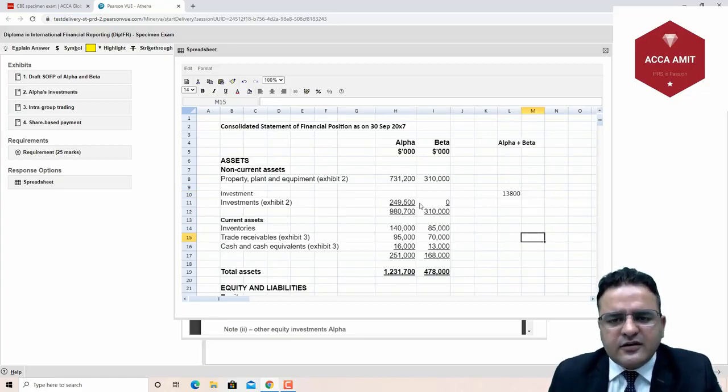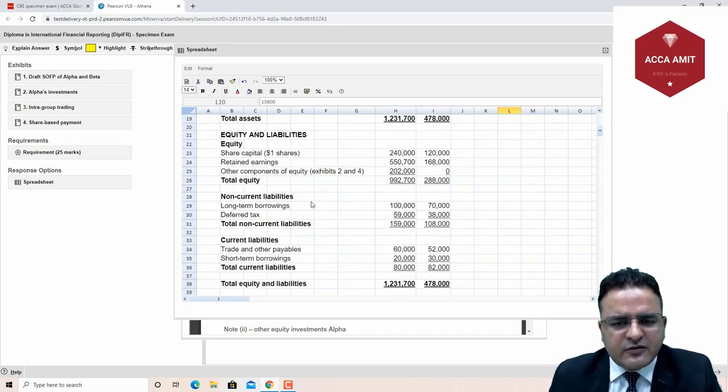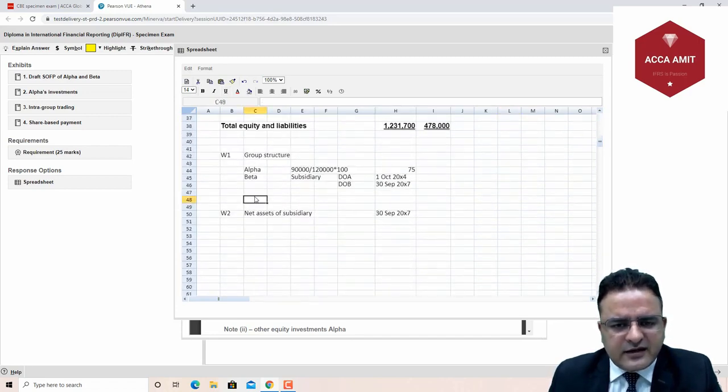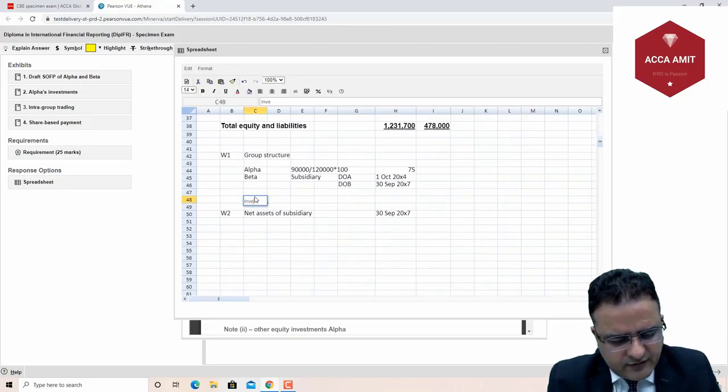Investments are valued at 13,000. Out of this 2,49,500, 13,000 will be 13,800 since they are measured at fair value. So we can mention here that other investments are measured at fair value through P&L.